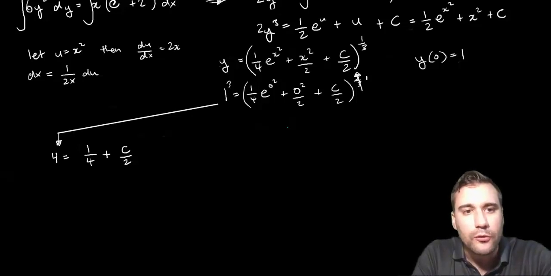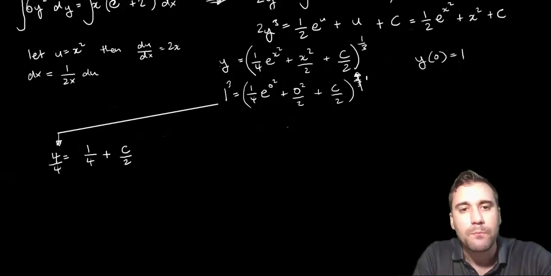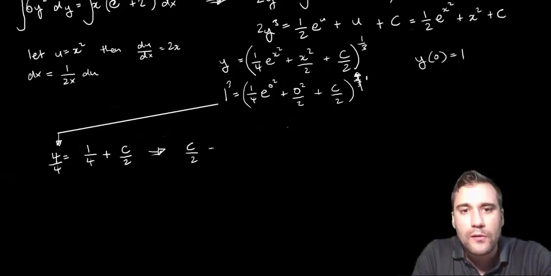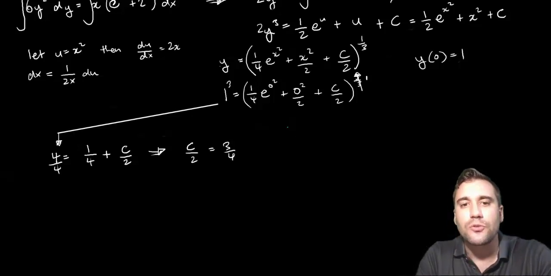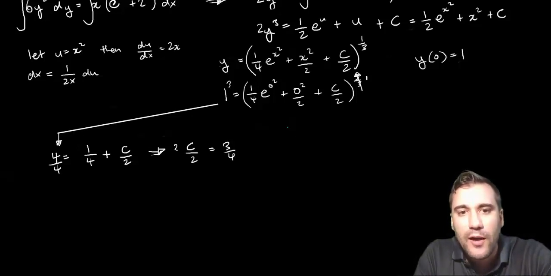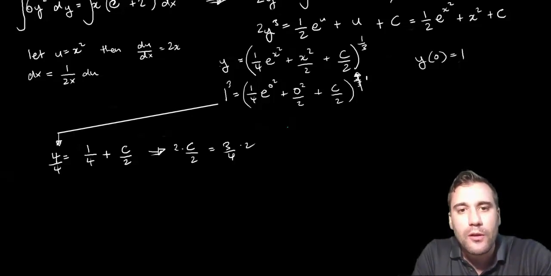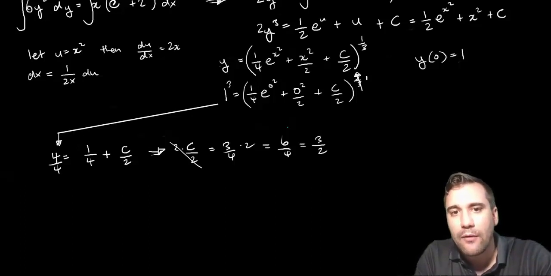So now we've got something we can work with. Now 1 is just equal to 4 on 4, isn't it? So now we get c on 2 is equal to 4 on 4 minus 1 on 4, which is equal to 3 on 4. Just doing some rearranging there. Now if we multiply both sides by 2, these twos cancel out, and we've got 6 on 4, which is the same thing as 3 halves.